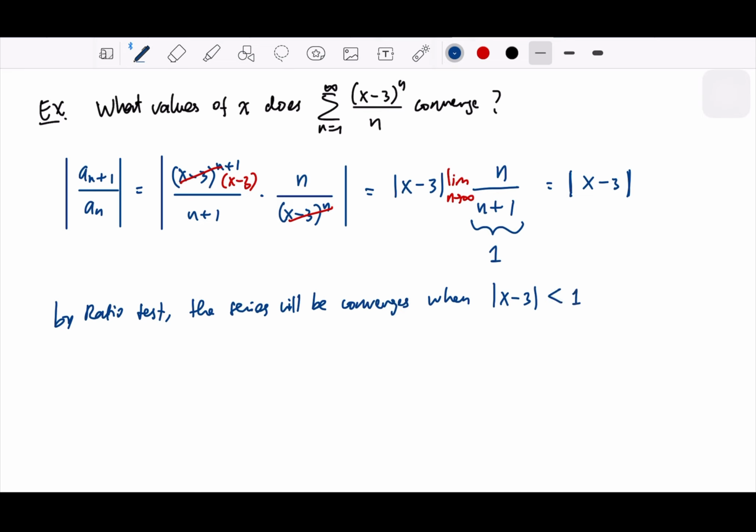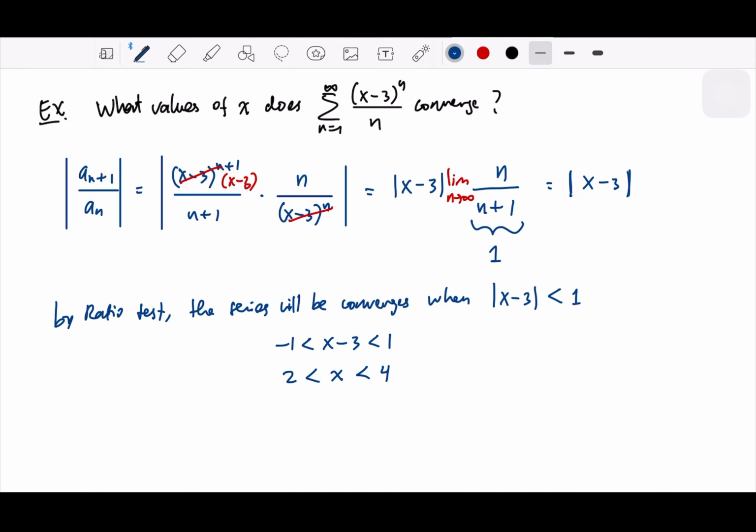Remember the requirements in the ratio test: less than 1, greater than 1, and equal 1. So we may have our interval of x that is ranging from 2 to 4. But it's not finished yet. It's not our final answer.